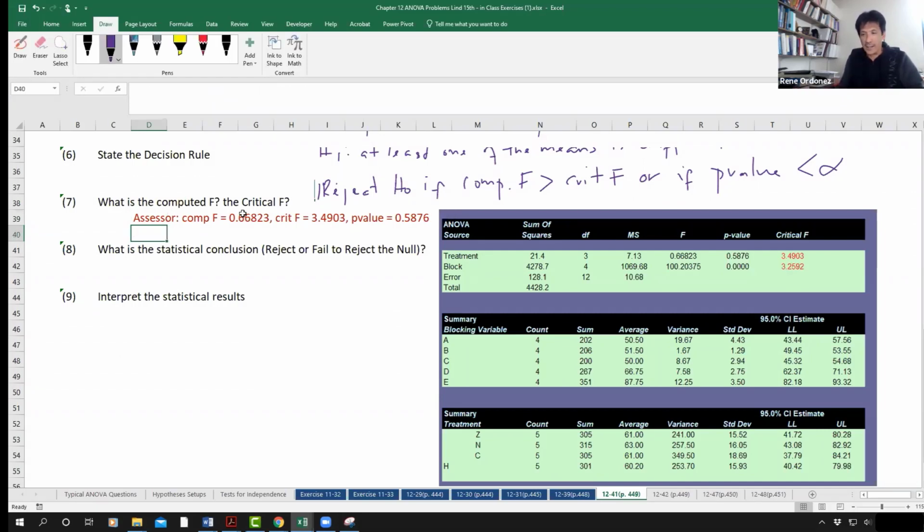Okay, and then for the house, the home, the computed F is equal to 100.20203, and the critical F is equal to 3.2592, with a p-value of almost 0.